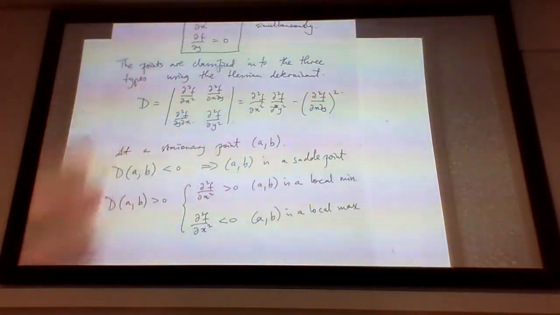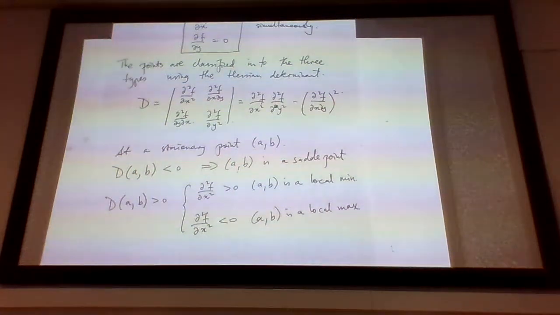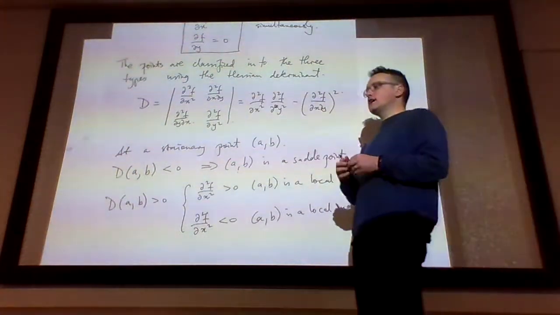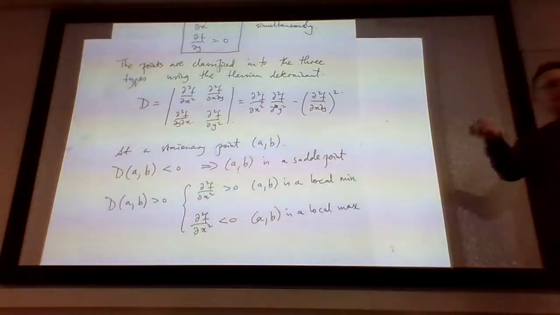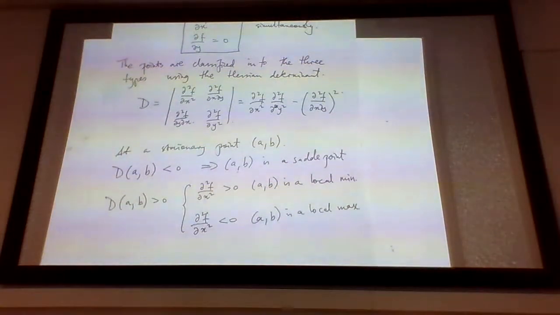So it's like the single variable case where you locate those stationary points by solving the first derivative equals 0, and then you can classify them into local minimums, maximums, and inflection points using the second derivative of the function.